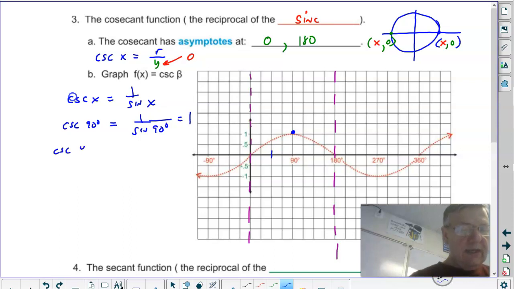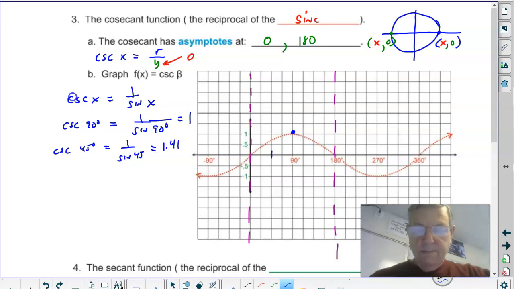The cosecant of 45 is going to be 1 over the sine of 45. Now we could get this exact because of the 45-45-90 triangle, but no need. Just do the sine of 45, which is 0.707, and then hit the reciprocal. And it's 1.41 approximately, right?